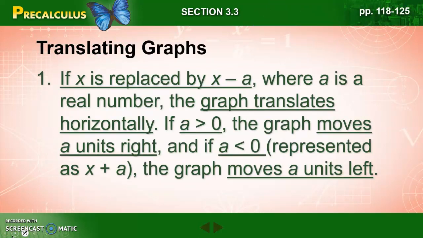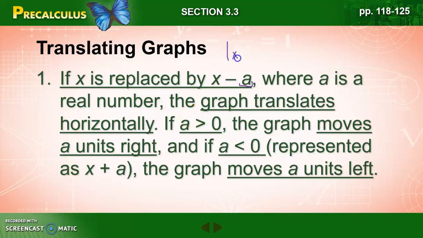When translating graphs, here's a reminder of those rules. You can also find these translation rules written out for you on page 122 of your textbook if you want to go back and take notes on those rules or see it in writing somewhere else. But if x is replaced by x minus a, where a is a real number, the graph translates horizontally.